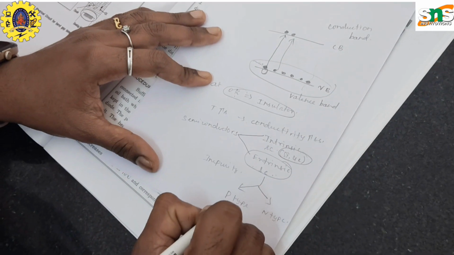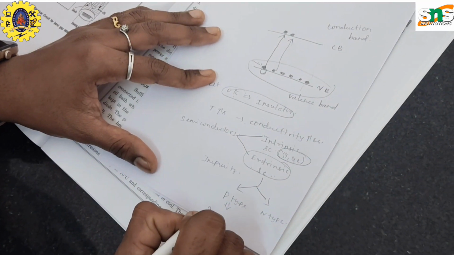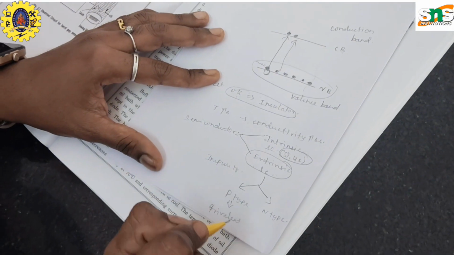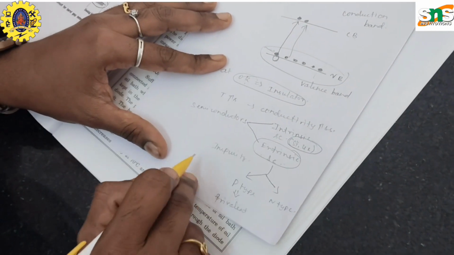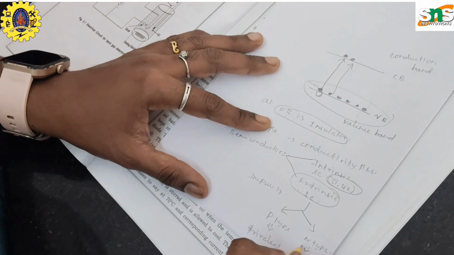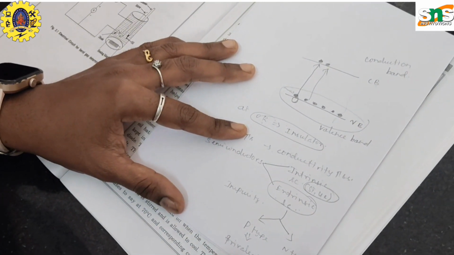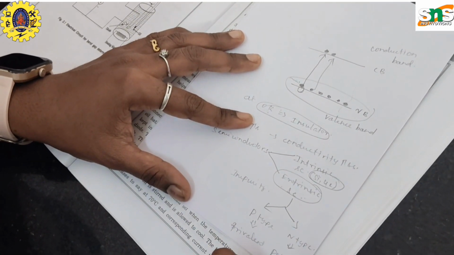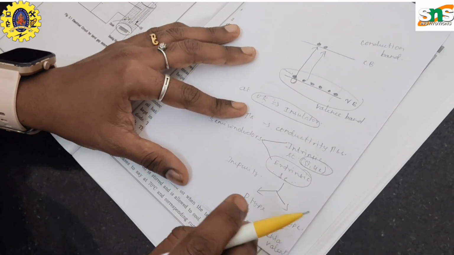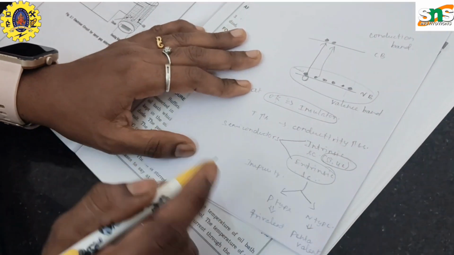In P type semiconductor, we have added trivalent impurity. What is meant by trivalent impurity? Its outermost orbit has 3 valence electrons. In N-type semiconductor, we have added pentavalent impurity, which has 5 valence electrons in its outermost orbit.